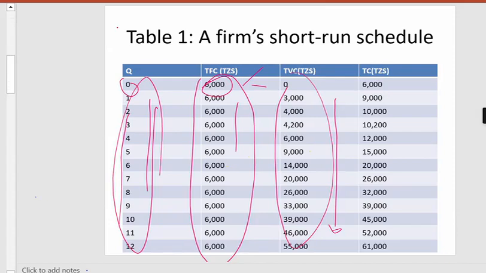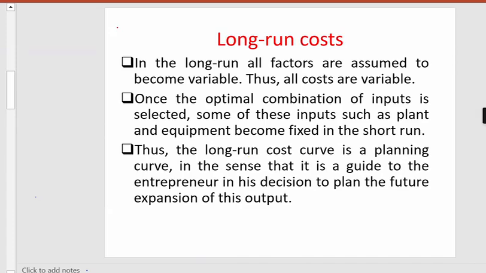Sasa, what about the long run cost? In the long run cost, all factors are assumed to become variables. All factors of production, we assume are varying, zinabadilika. Unanielewa? Why do I say all factors change or vary?